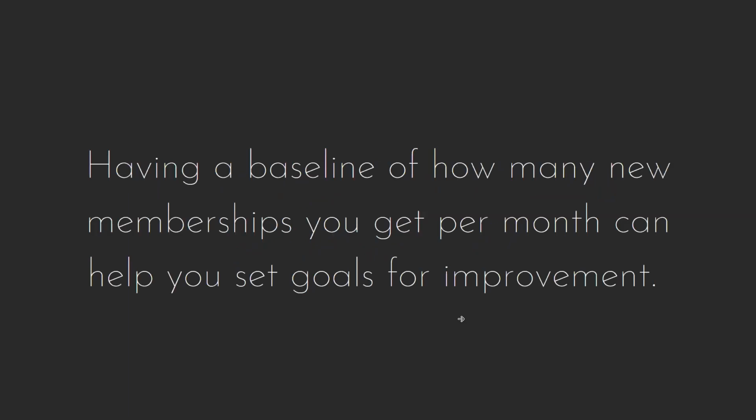Having that baseline, if you normally get 3, also helps you set a realistic goal, because if you're getting 3 new members per month, increasing by 33% is only asking you to get 1 new member. But saying we want 20 new members every month is not a very realistic goal either.